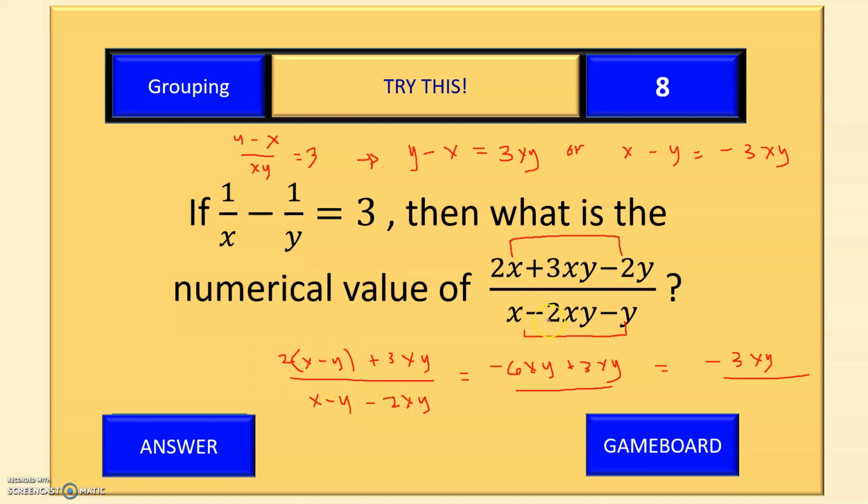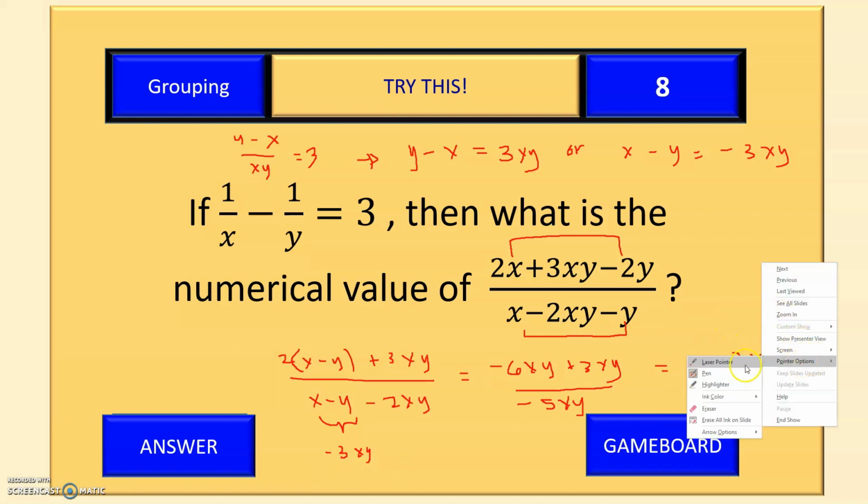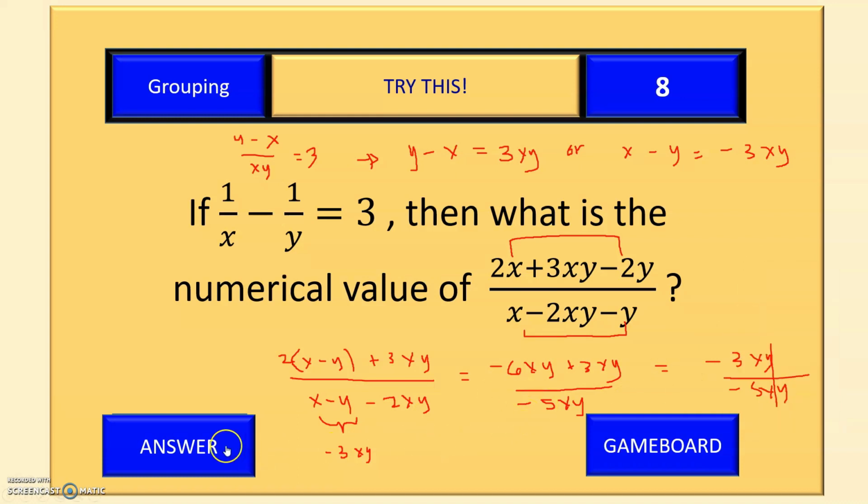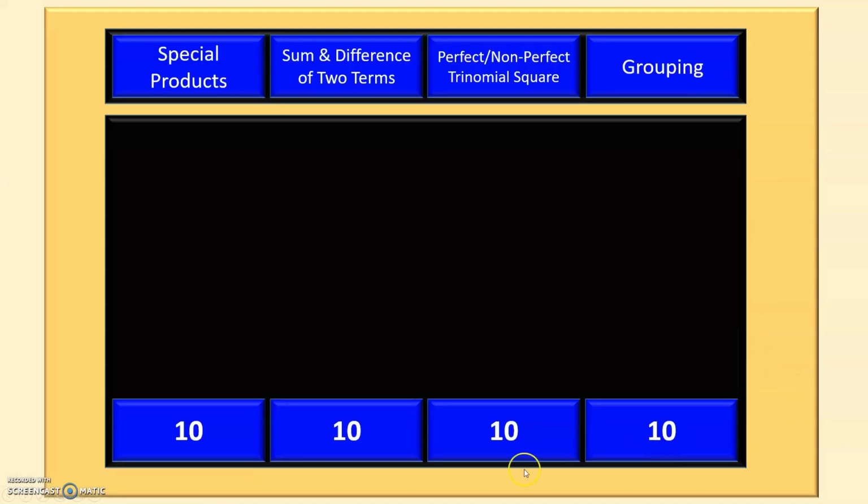But x minus y is negative 3xy, so that will be negative 3xy minus 2xy, negative 5xy. So obviously, what follows is I cancel the xy and negative over negative. So that will be actually equal to positive 3/5. Okay, see that? Okay, back to game board.